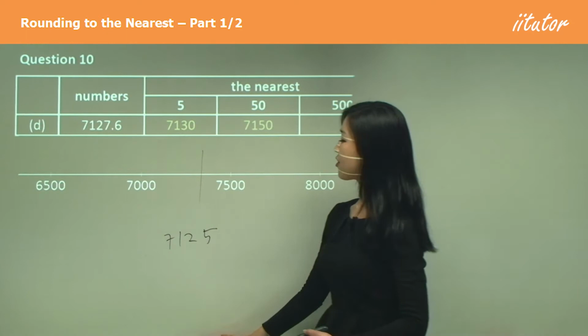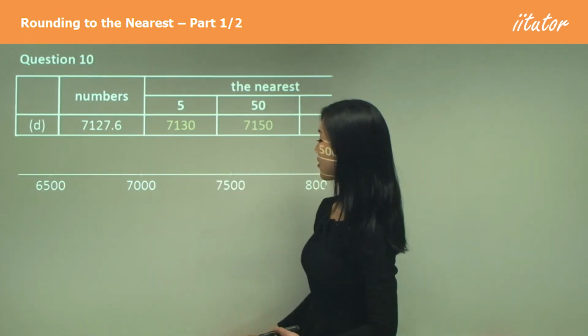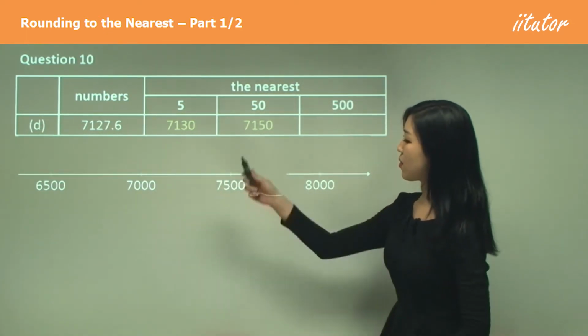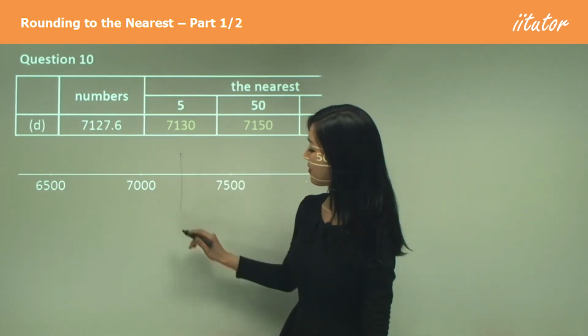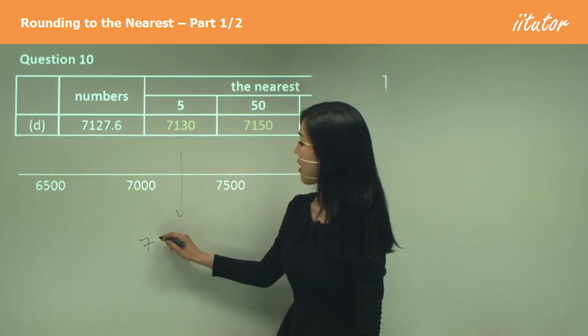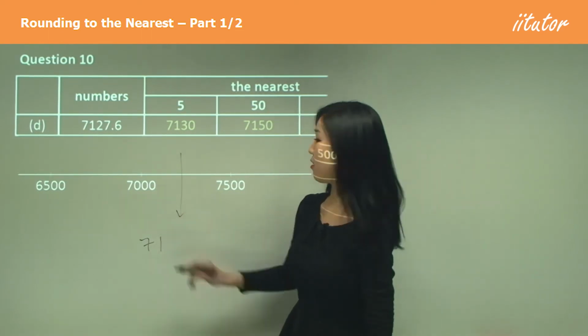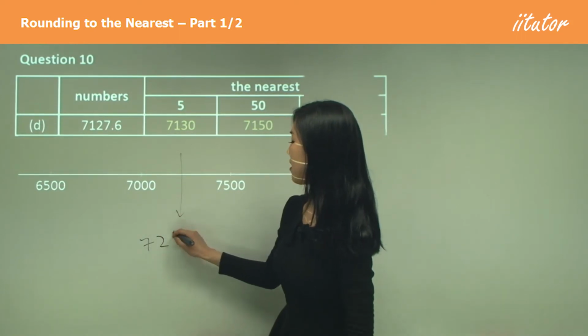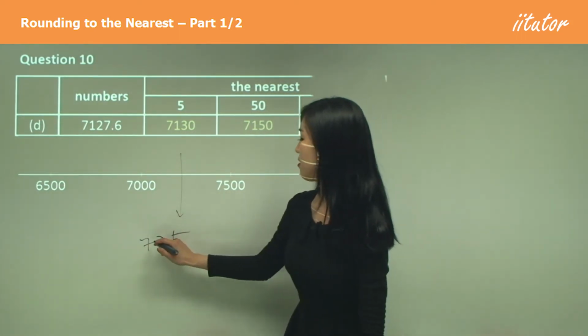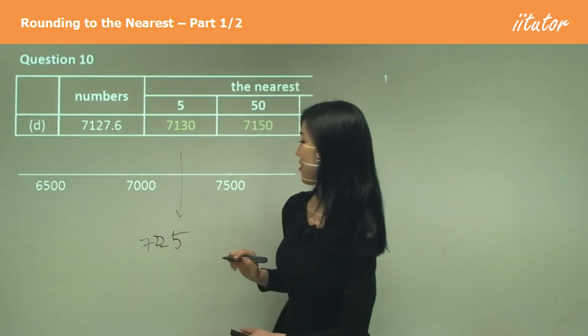And then 500, again, we're going up by 500s, and you can see that 127 is between here. What's the halfway mark, guys? 7,000 and, oh, sorry. This one's a bit obvious, but I'll just write it anyway. 7,250.